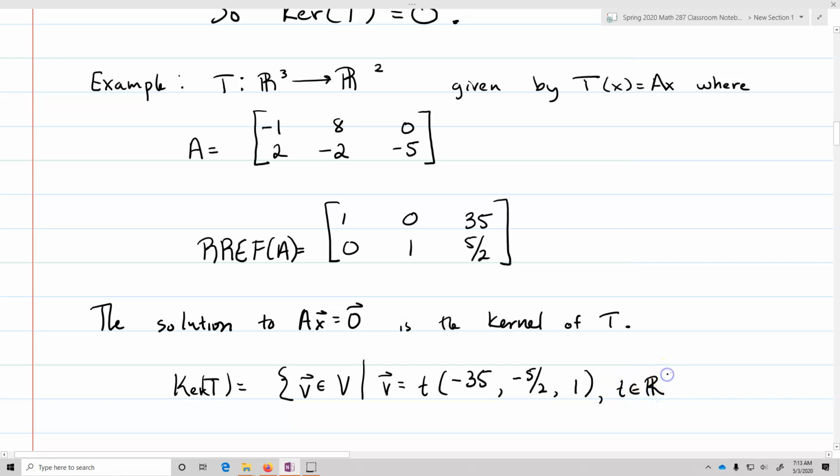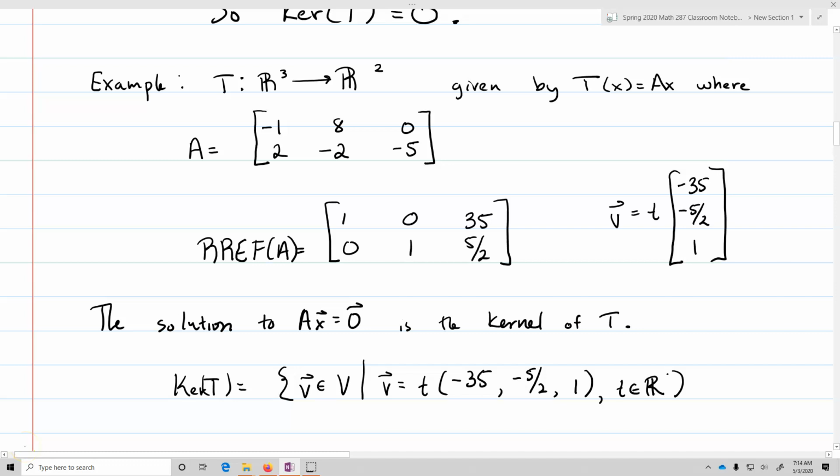So basically, all of the vectors of the form v equals t times negative 35, negative 5 halves, and 1. And there it is. And that's your kernel of T.